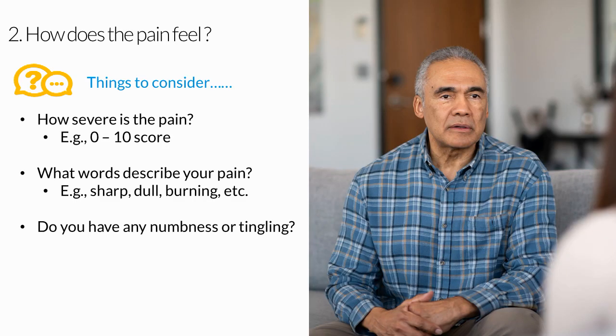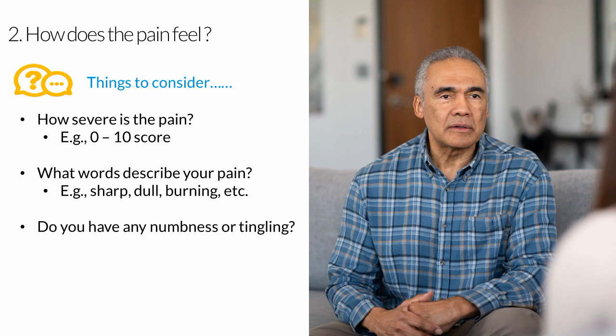The next thing your doctor will need to know is how your pain feels. Quite often, they'll get you to rate how severe your pain is using a 0 to 10 scale, where they'll ask you to rate your pain from 0, which means no pain, to 10, meaning the worst possible pain. Next, it's important to describe your pain using key words of how your pain feels.